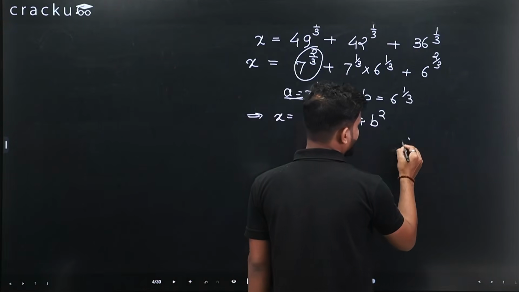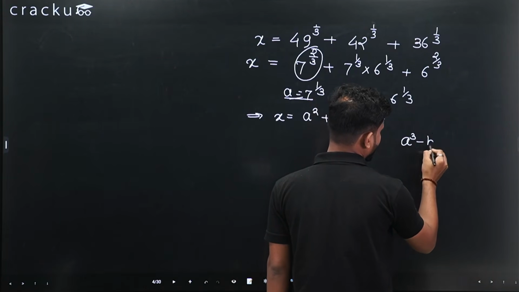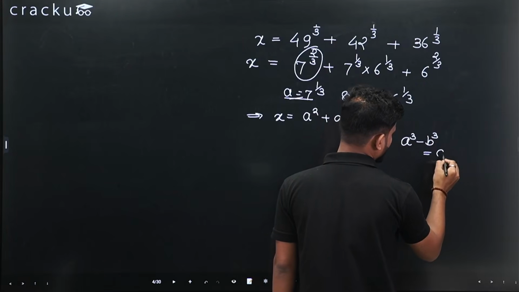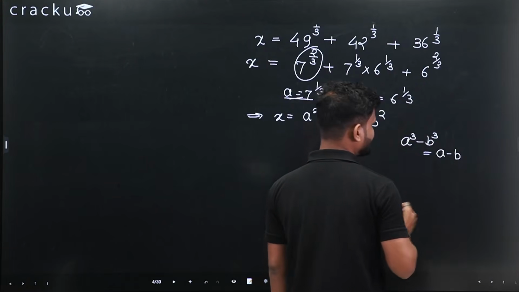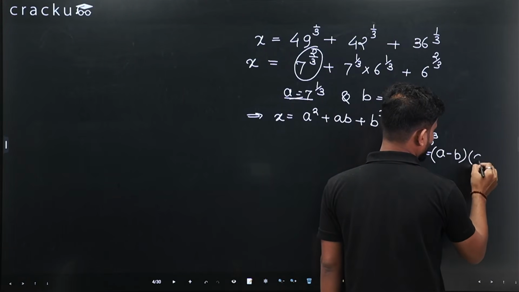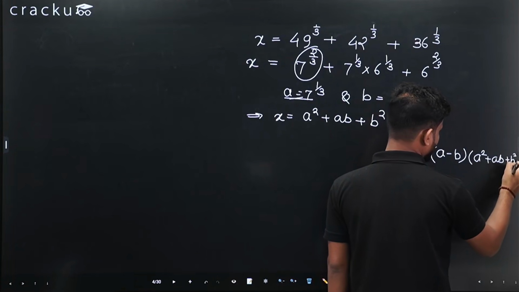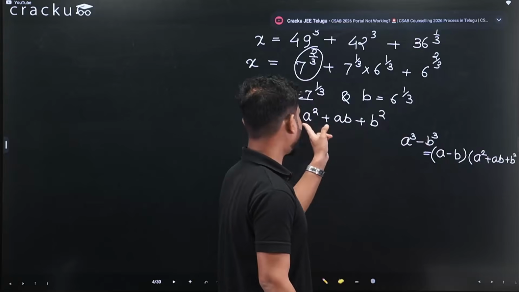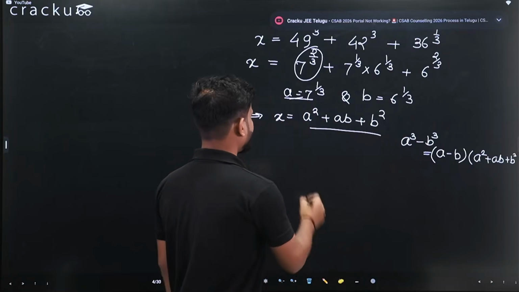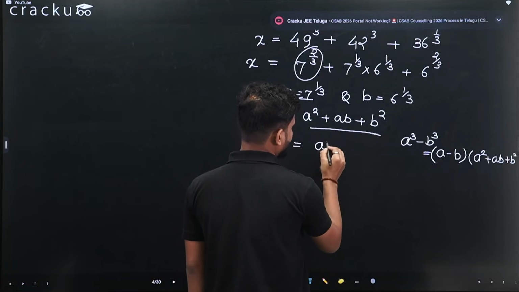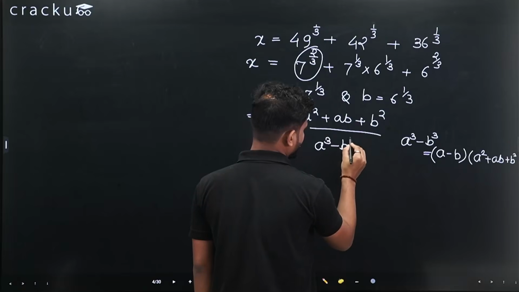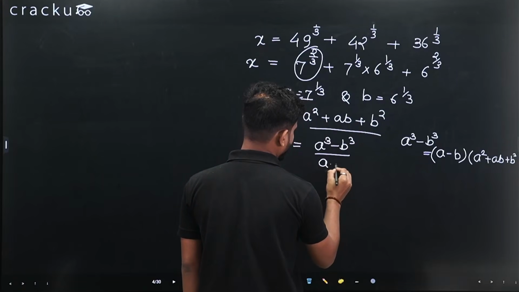What is it? It is A cube minus B cube is equal to A minus B into A square plus AB plus B square. Correct? Now A square plus AB plus B square is there. So from here I can say it is A cube minus B cube upon A minus B.